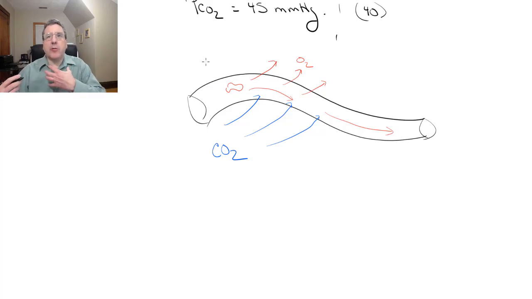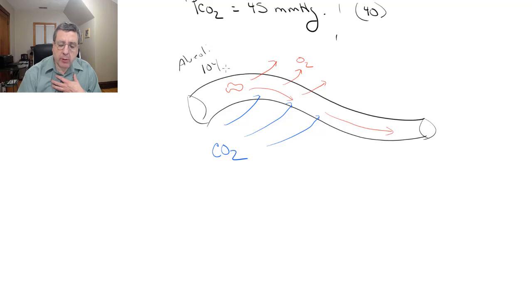So let's say at this point we're at the alveoli, inside the lungs, where it is going to be much higher. For argument's sake, let's say we start off at 104. But by the time we get to the furthest point away, where most of the oxygen's gone and most of the carbon dioxide's come back in, oxygen is 40 millimeters of mercury, and CO2 at this end would be 45, whereas at the beginning it would have been 40.